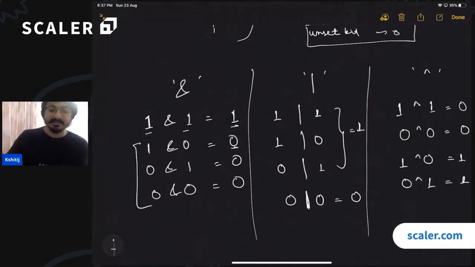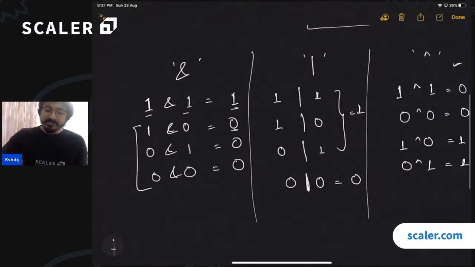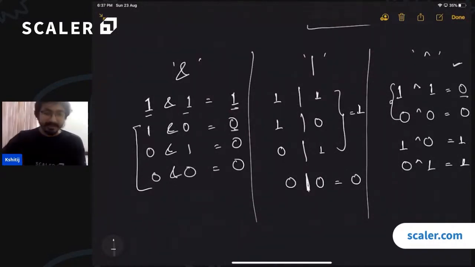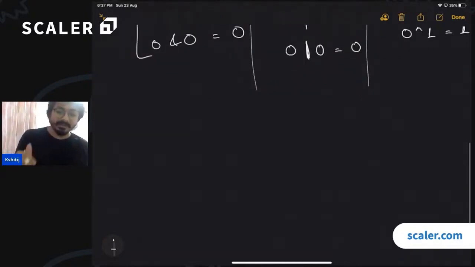Now, I just said that XOR is a very interesting operator. Why is it interesting? Because of this property: the XOR of exactly the same bits is always going to be 0. Let us try to analyze this.